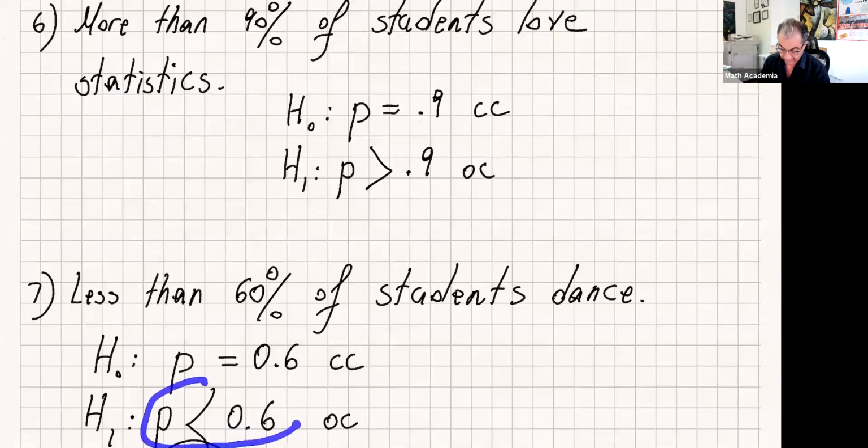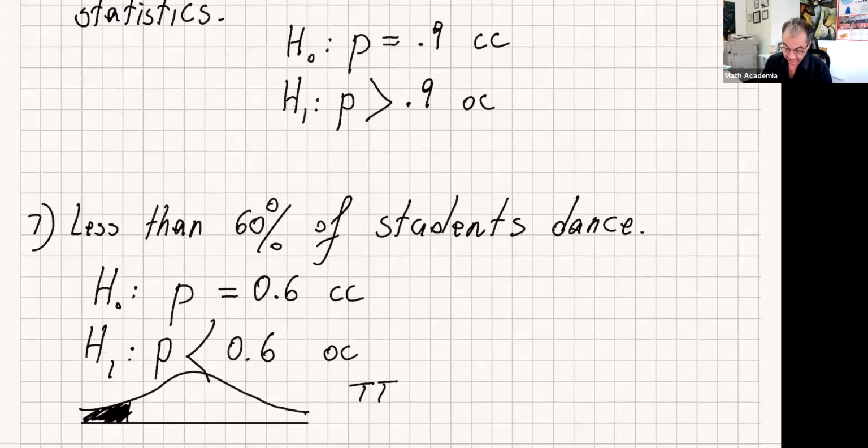That's the first thing you do. You write the claim. There is no equal sign, therefore this is H1. So you can write H0 now. H0, just go directly and say P equals to 0.6. The claim we wrote first was the original claim, and of course H0 is the counterclaim.